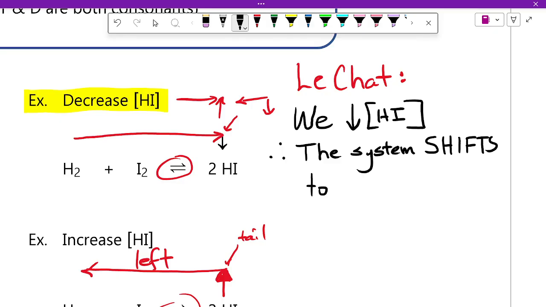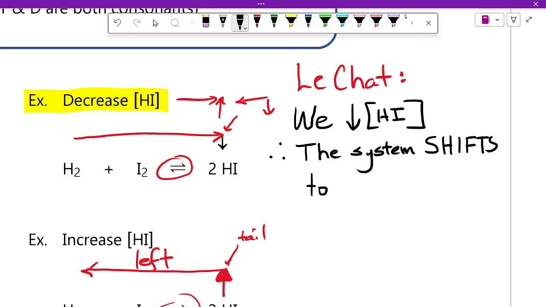Remember, Le Chatelier said, if we stress the system, if we do something, the system shifts to minimize that stress. So the system says, you made HI small. I don't like that. I'm stressed. What is the system going to want to do? You made it small, I'm going to make it big.